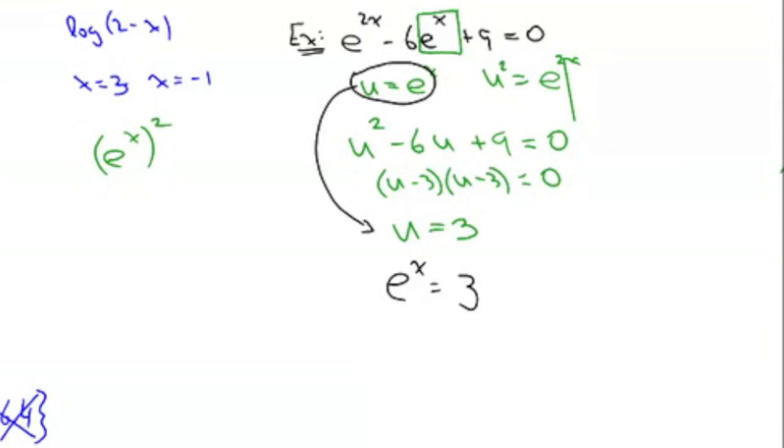So either choice 1, ln both sides. I find this a little bit longer, but it's systematic with some of the other solving of equations. So you ln this side, e to the x, ln the other side, 3. What's ln of e to the x?